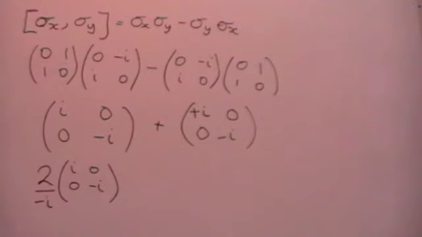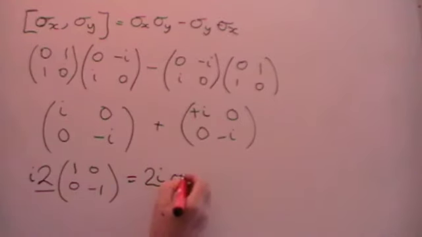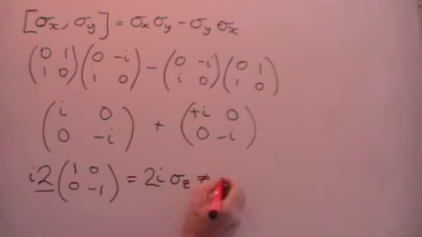So I divide that by minus i, and then inside I'm going to multiply by minus i. Minus i times i is minus i squared, which is plus 1. Minus i times minus i is i squared, which is minus 1. And here we better just multiply top and bottom by i. If you multiply the bottom by i, you get minus i squared, which is 1. So this gives you 2i times this term here. Guess what that is? Sigma z, which does not equal 0.